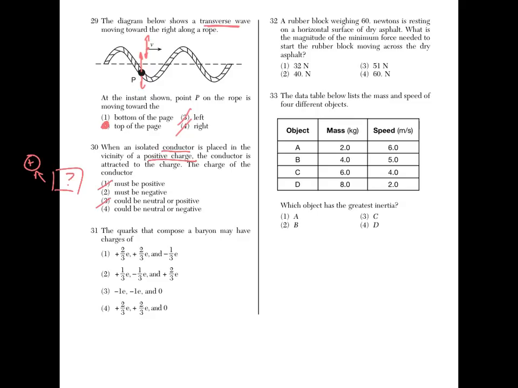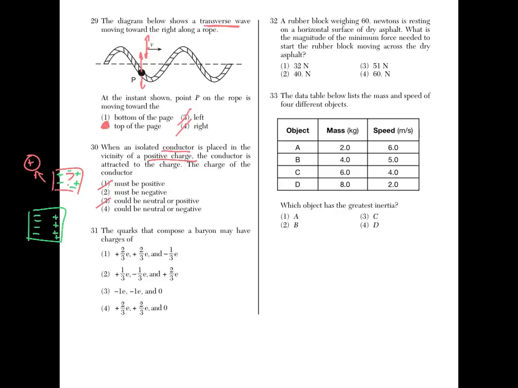But not so fast. Neutral objects can also be attracted to charged objects. They have a mix of positives and negatives, and they can rearrange themselves from side to side.